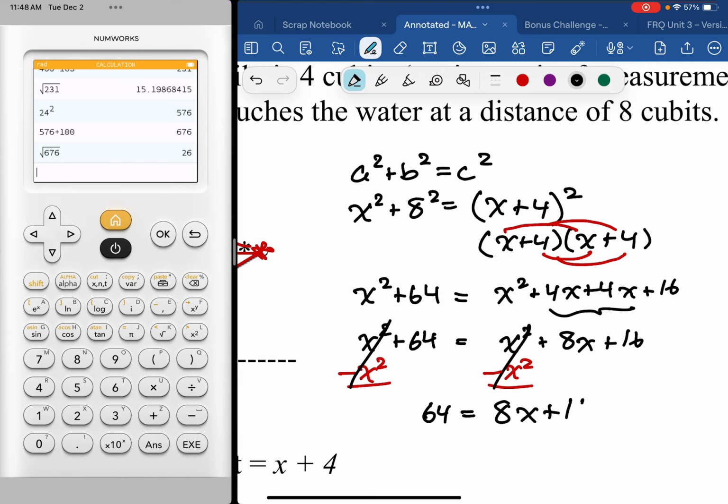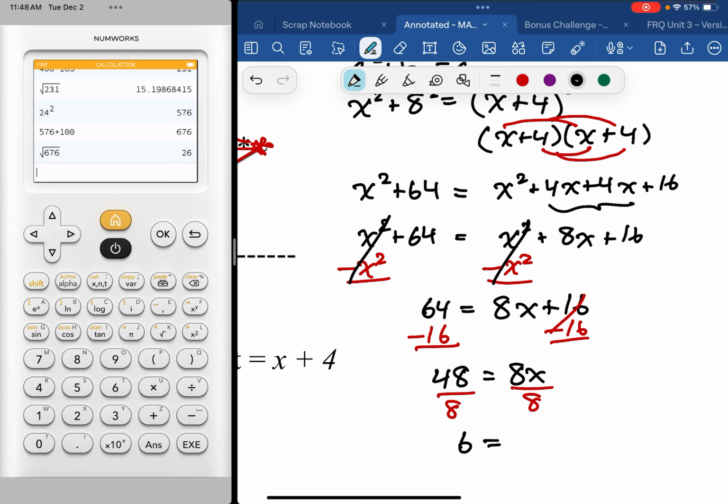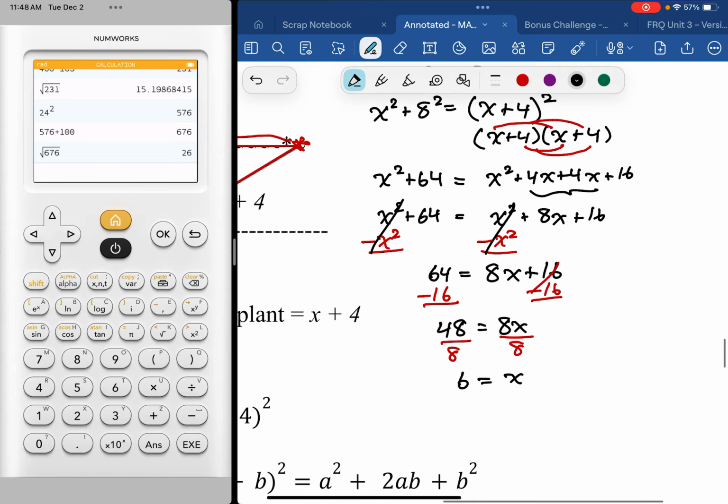I'll be left with 8x plus 16. Subtract off the 16, and I'm looking at 48 equals 8x. Divide out the 8, and I get 6 equal to x, so it would be 6 cubits.